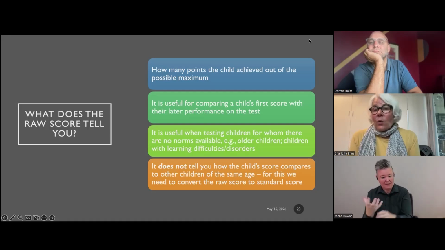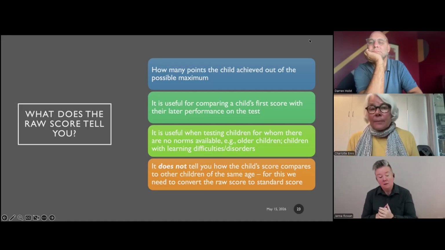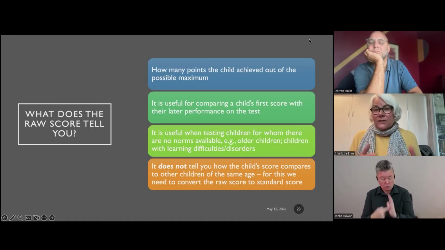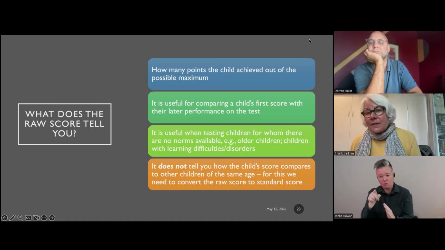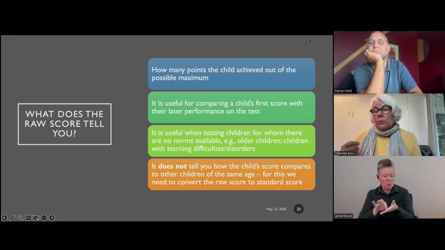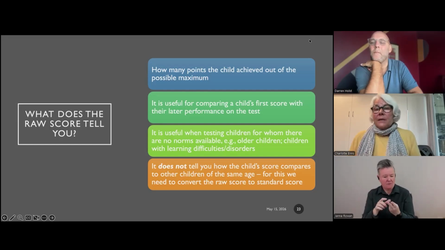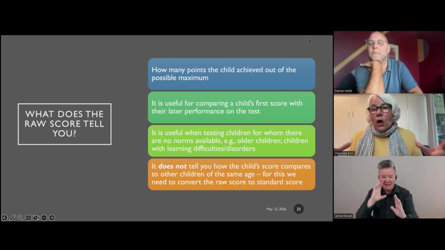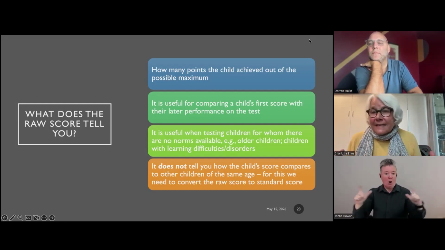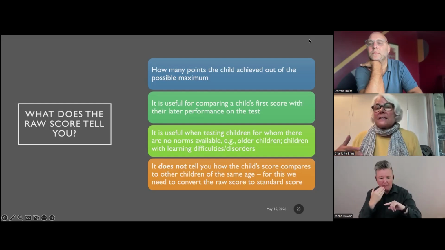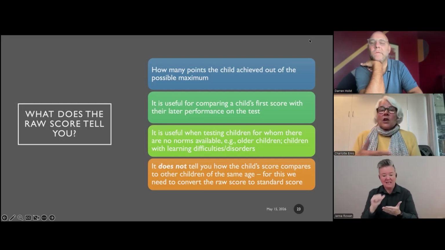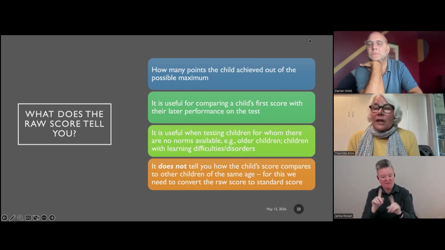Okay. And so it can tell you a little bit about how the child is doing just compared to themselves, right? And so sometimes when you maybe had to adapt the scoring a little bit, like you had to sign the items again yourself, or you maybe needed to show the pictures in an enlarged form for children that can't see as well, or maybe the child is beyond the age range of the test, so you're not following the exact standardized score.